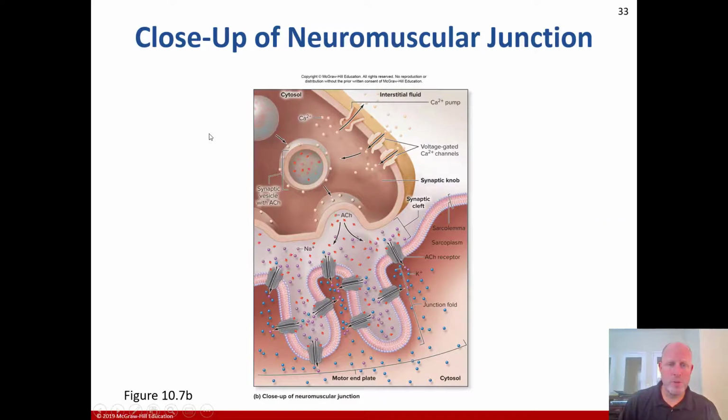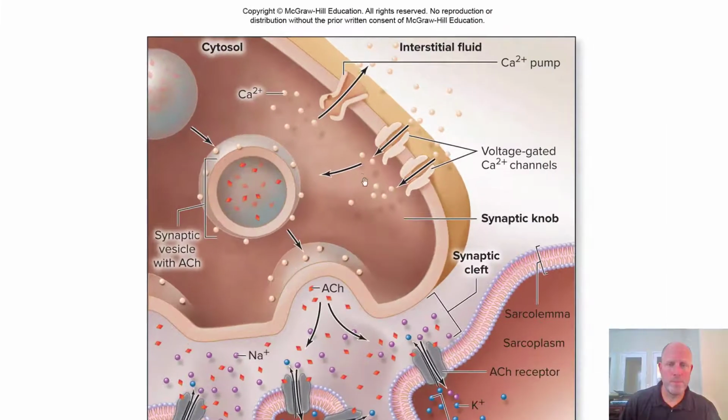And then a close-up of our neuromuscular junction. The interstitial fluid is outside the muscle cell, and the cytosol is the cell itself. Sodium is going to be traveling through the sodium channel here, and the voltage-gated calcium channels here. I'm sorry, I said sodium, I meant calcium. And also we have the voltage-gated calcium channels here. And the synaptic vesicle with acetylcholine.